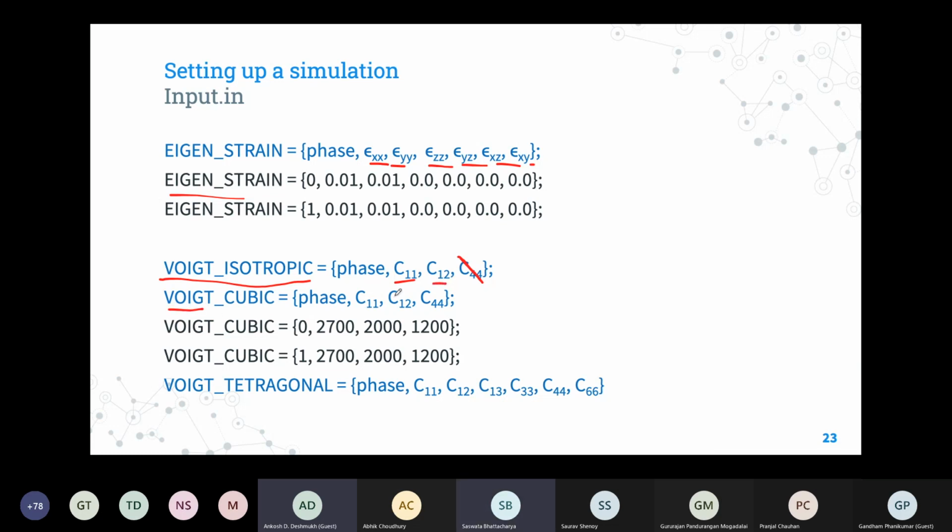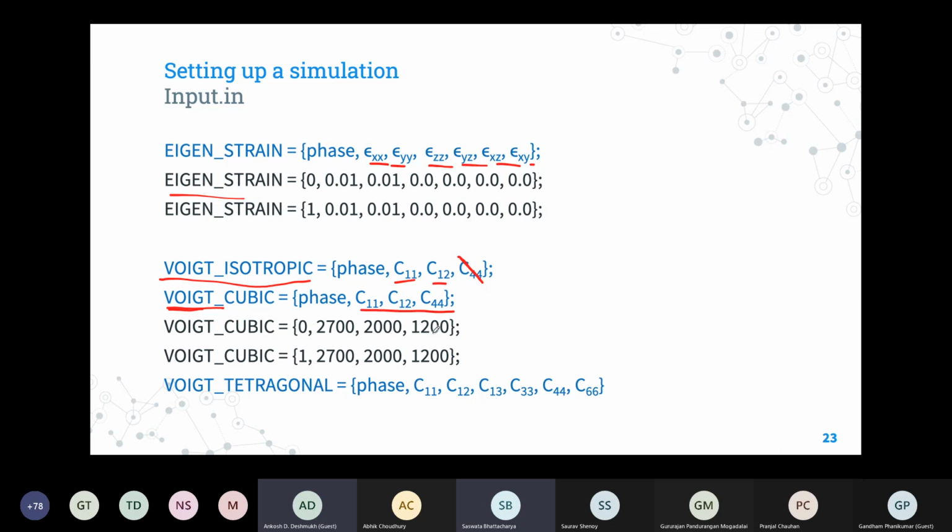For cubic, actually this is not there as part of the input.in. I think this has come here by mistake, a typographical mistake. Sorry for that. So for cubic, you require these three independent elastic constants: C11, C12, and C44. For example, for 0 and 1, we are using the same, as I told you, homogeneous modulus approximation.